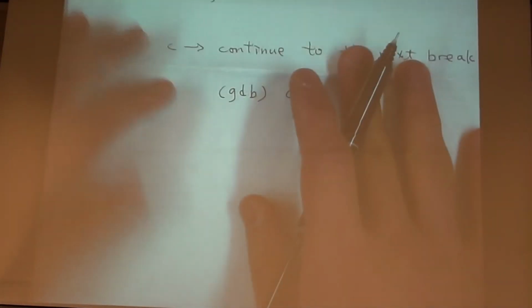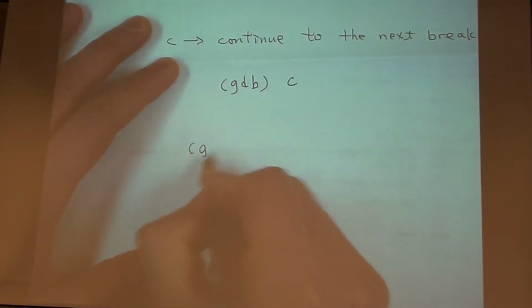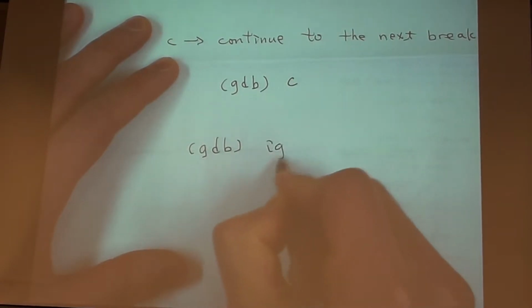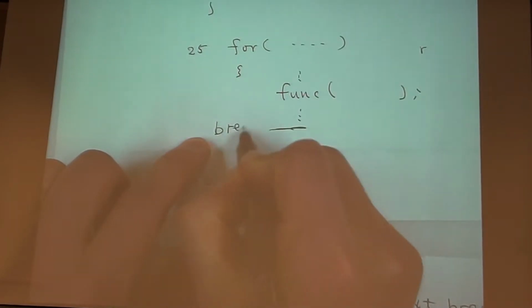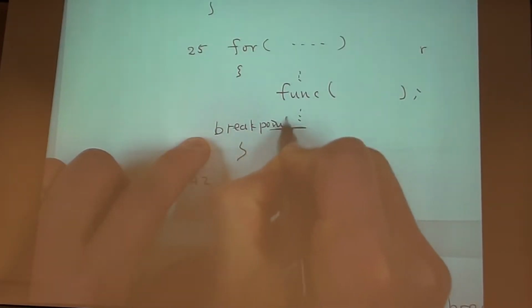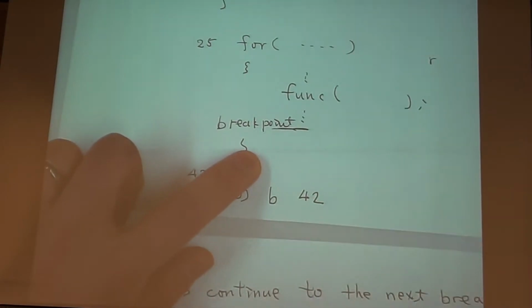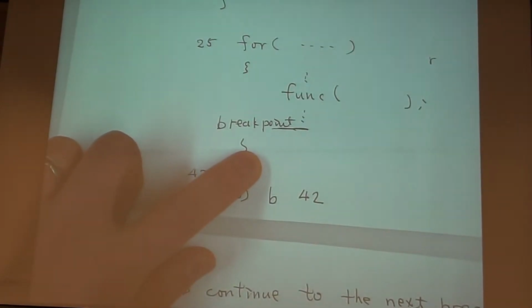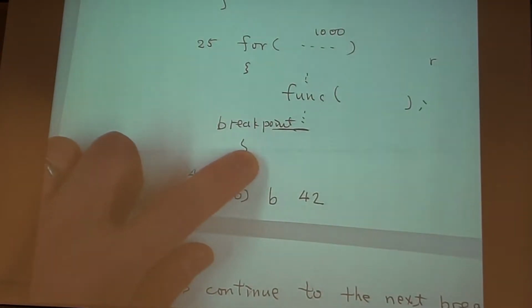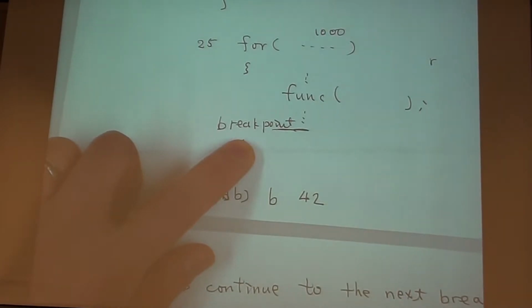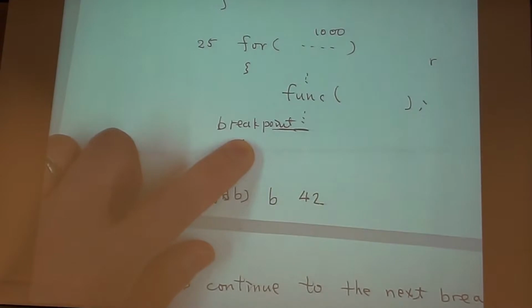Suppose you have a breakpoint inside a loop, and let's say the loop iterates 1,000 times. If you have a breakpoint here, the program will stop 1,000 times, right? That's the definition of a breakpoint.